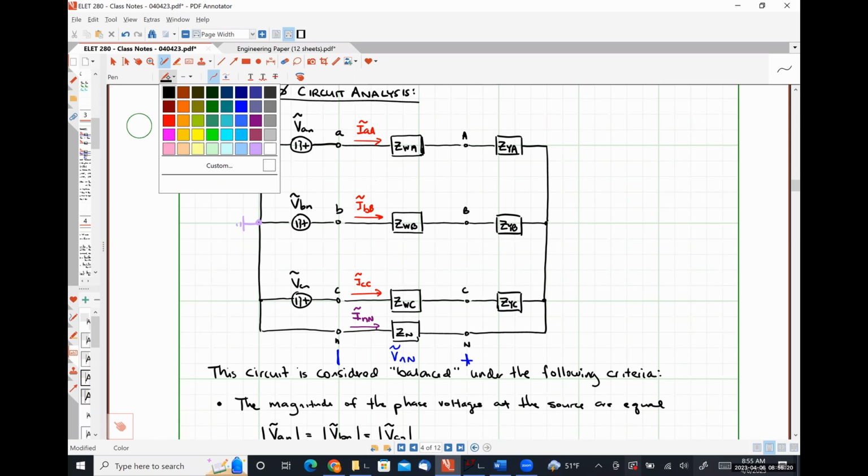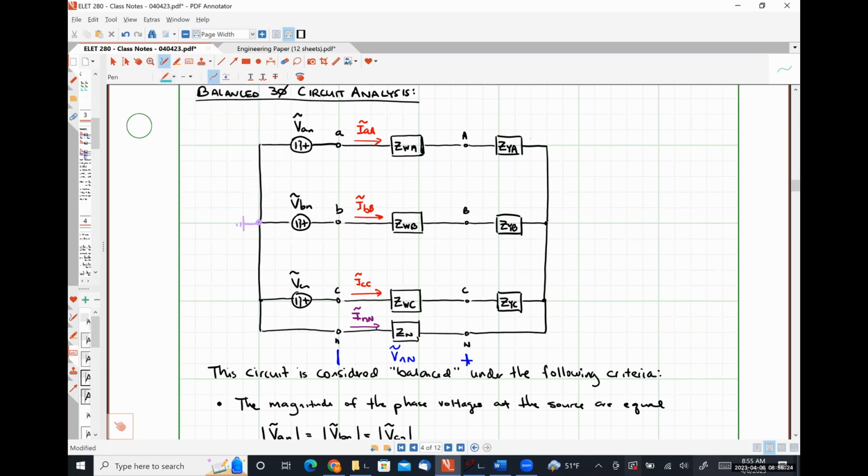So let's look at the phase currents through our load, IAN, IBN, and ICN here.